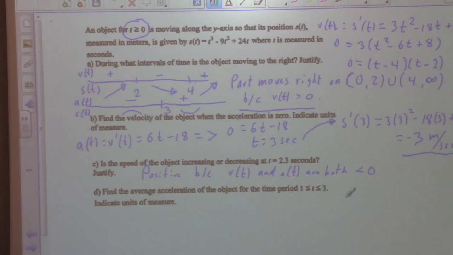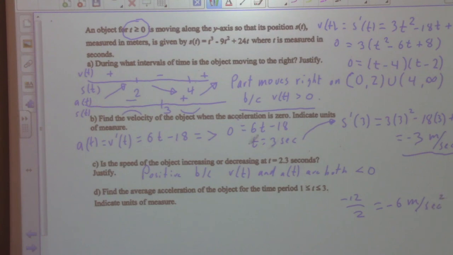Find the average acceleration of the object for the time period between 1 and 3, indicate units of measure. Average acceleration between 1 and 3. At 3, we know that it's 0. If we plug in 1, we get -12. So we get -12 over 2, which is -6 meters per second squared.